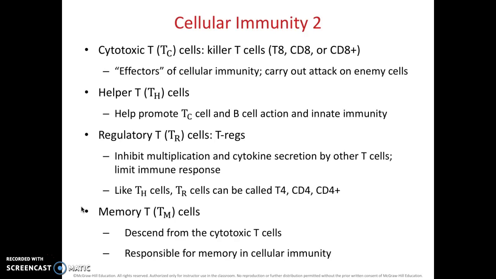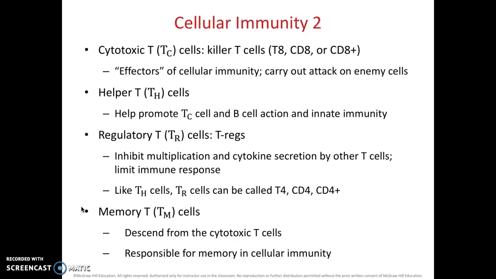Helper T cells help to promote the cytotoxic T cell as well as B cell action and innate immunity action. Regulatory T cells, or Tregs if you're cool, inhibit the multiplication and cytokine secretion by other T cells, and they limit the immune response. So they kind of keep it in check so that it doesn't get crazy and cause too much of an inflammatory or immune response.